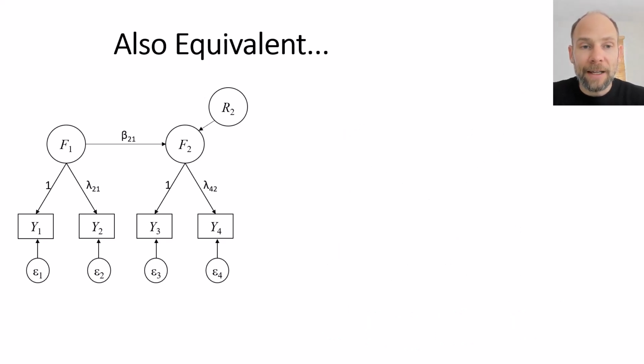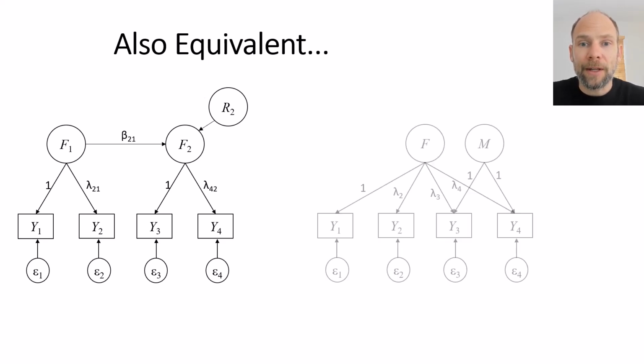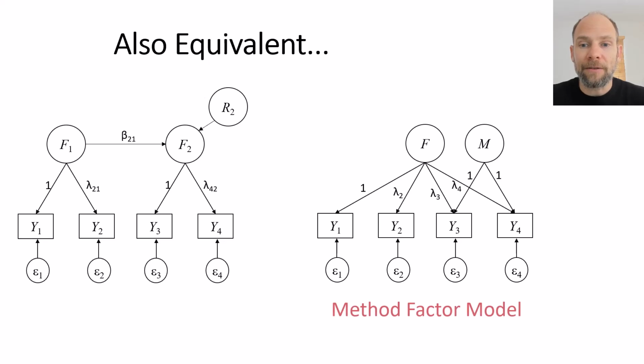And then finally, another model that's equivalent to the model on the left-hand side is a so-called method factor model. So in this model, we again have just a common factor, f, that all 4 variables load on. So this would indicate that the 4 measures are really measures of the same construct. Let's say they all measure intelligence.